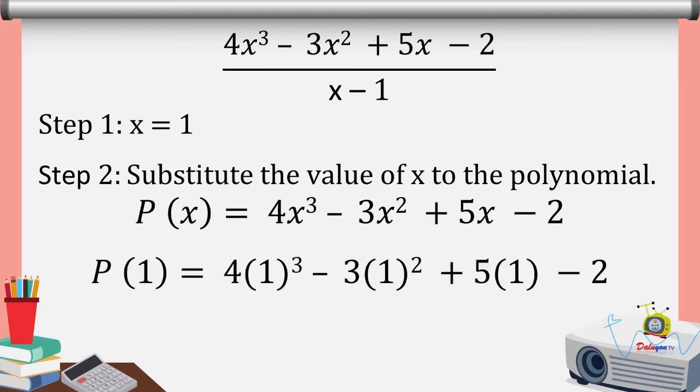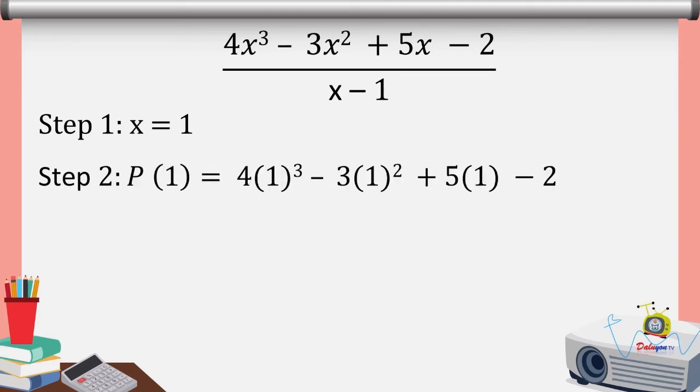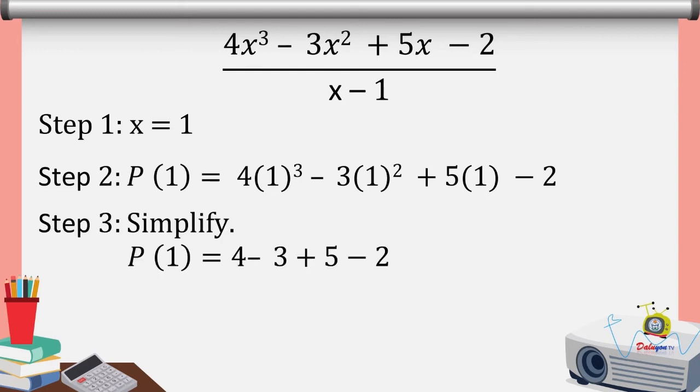So p of 1 is equal to 4 times 1 cubed minus 3 times 1 squared plus 5 times 1 minus 2. Simplifying further, p of 1 is equal to 4. Thus, the remainder is 4.